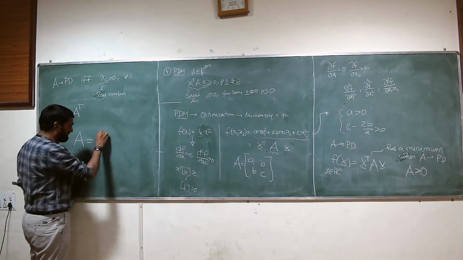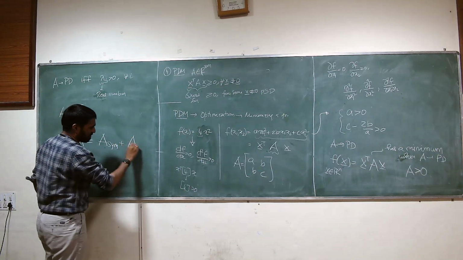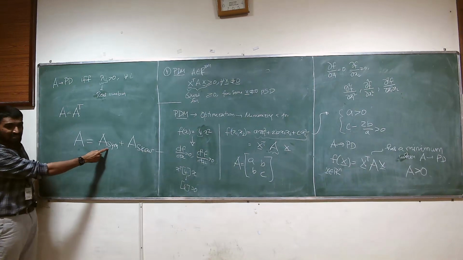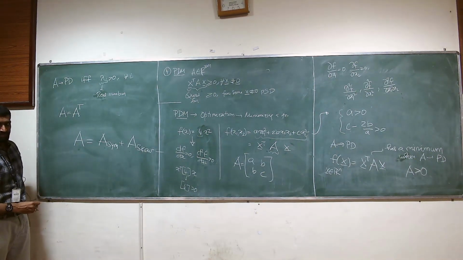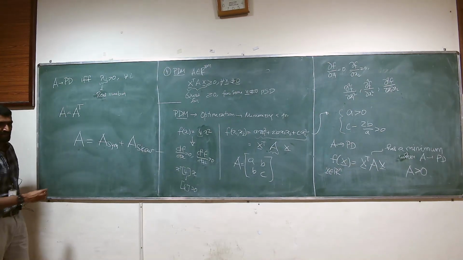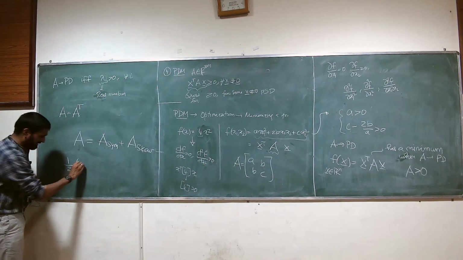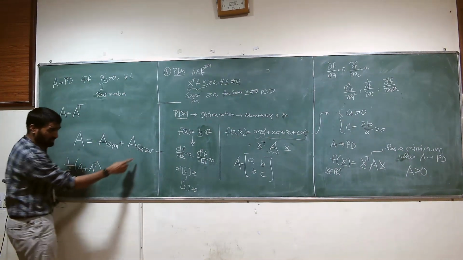Is that right? Okay, right. So you can write it as a sum of a symmetric matrix plus a skew symmetric matrix. How do you obtain the symmetric component of this matrix? Do you remember? Half, yes, that's right. Half of what? Right. So if you do this, this will be symmetric. And what about this?